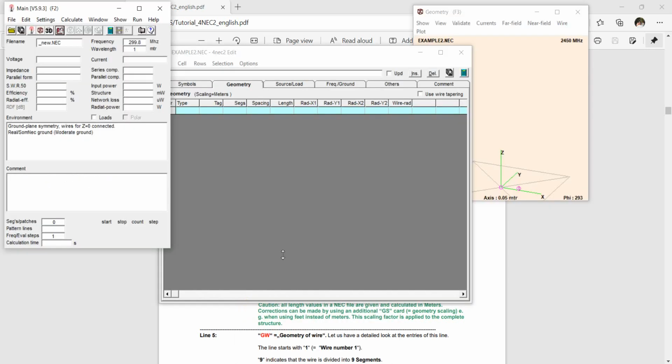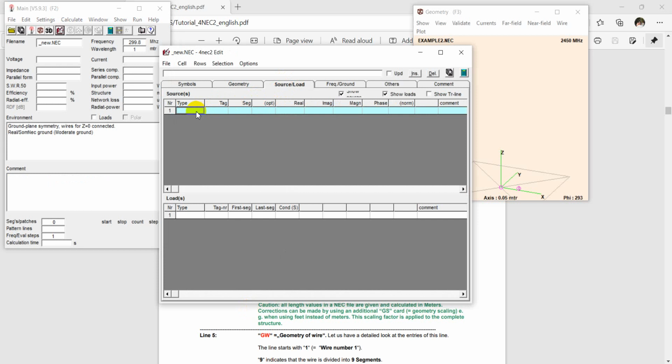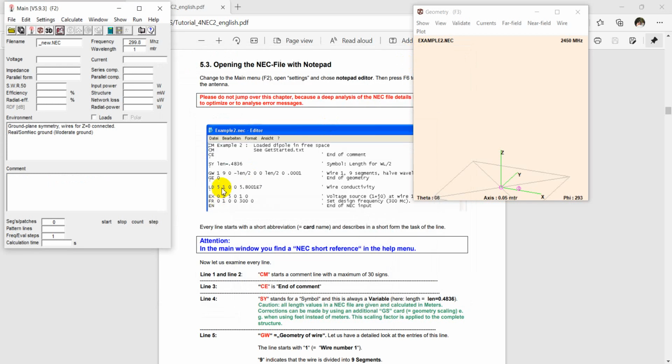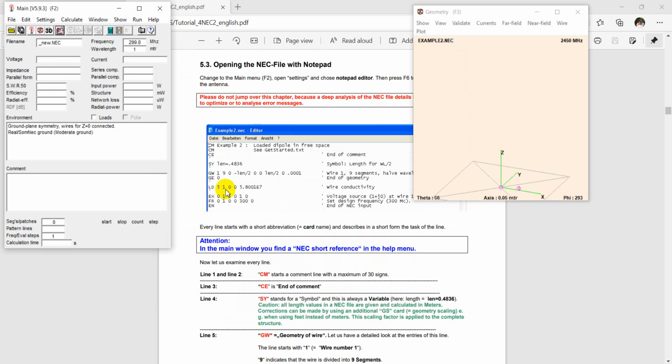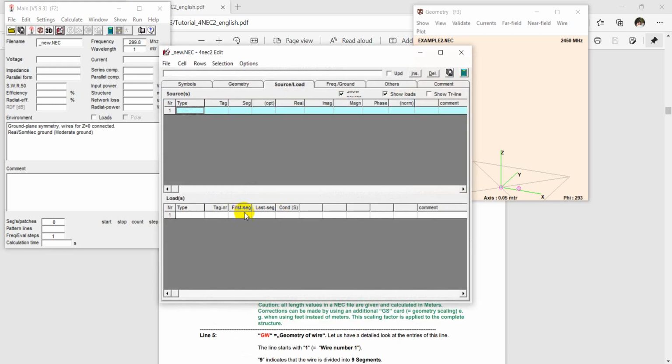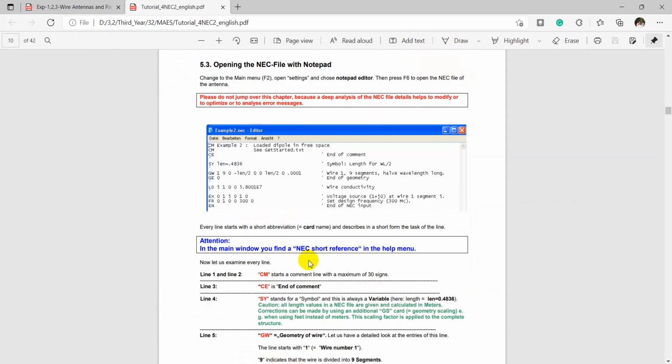You can see the type, which indicates the wire, and the 1, which is the number of tag, and the 0 0 defines that the first segment is 0 and the last segment is 0, and the conductivity is 5.8001 times 10 to the power 7.